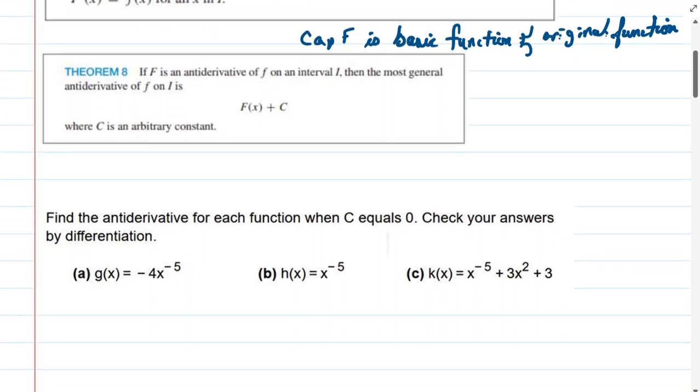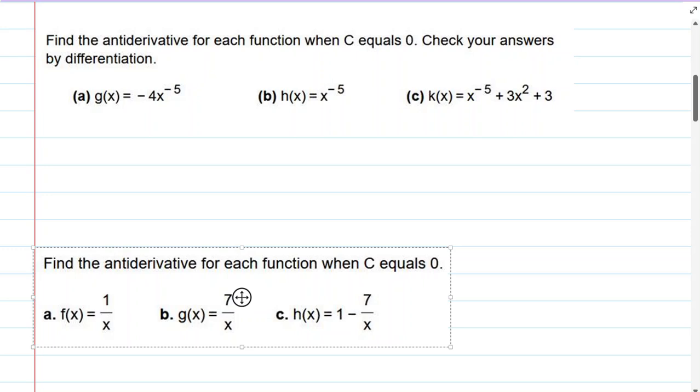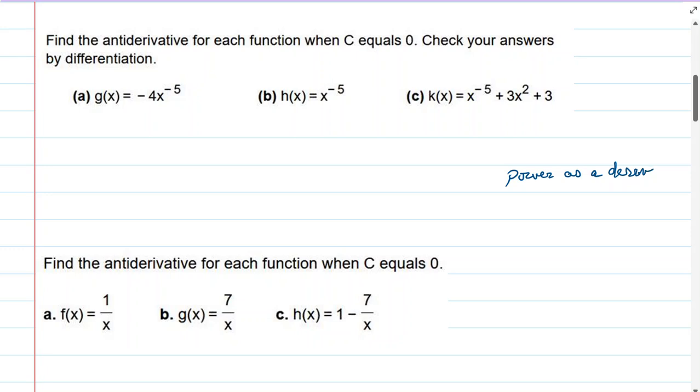All right, so we're going to first look at some constructions of this item. So if we have exponents, let me get my draw. This is kind of thick for some reason. If we have a power as a derived function, then we go in reverse.